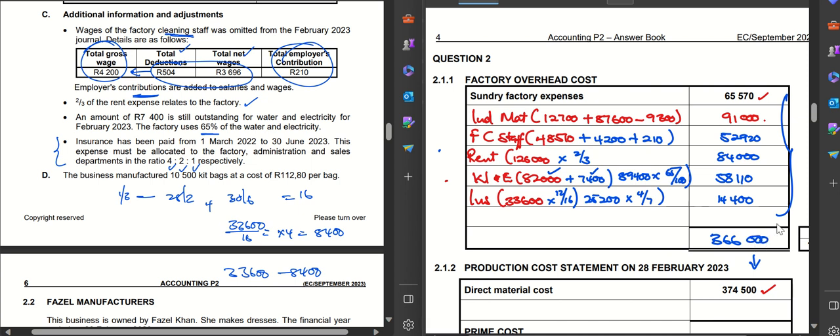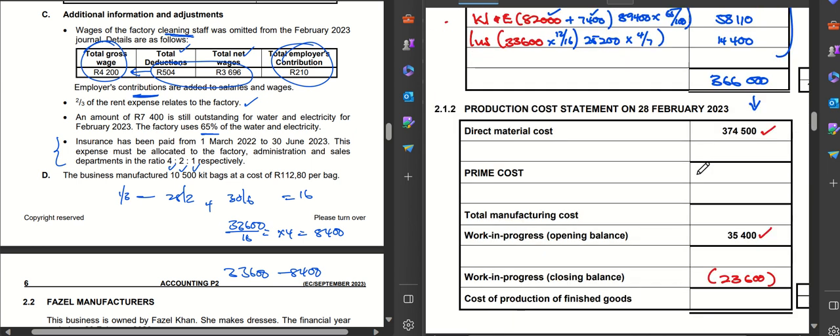Once you have your 366,000, you then come to your production cost statement. Remember, that is where we are going. And then you come just under your prime cost. Then you say plus your factory overheads.